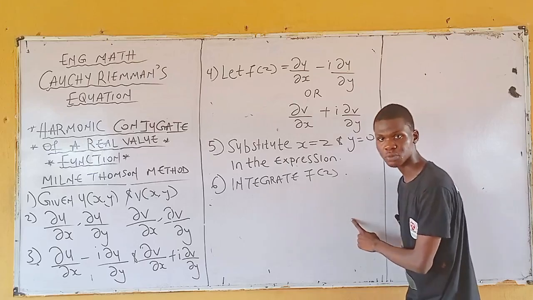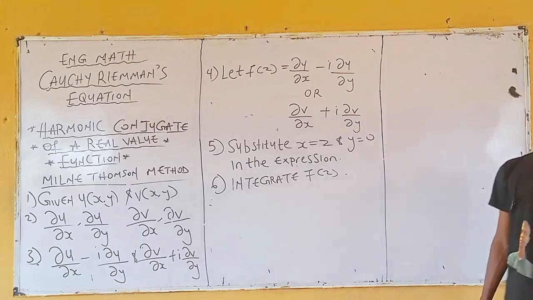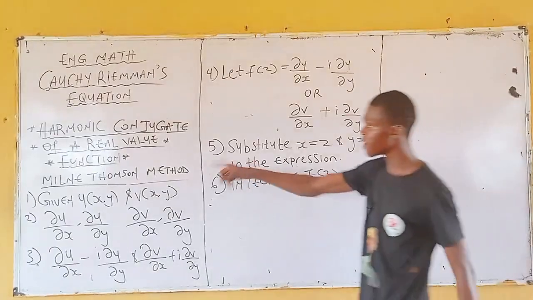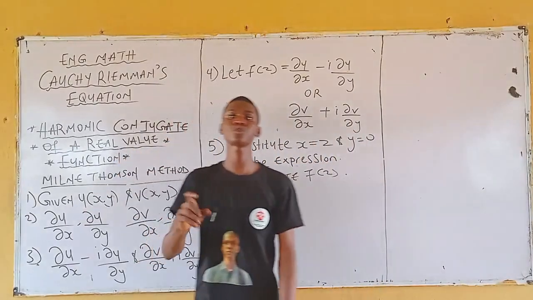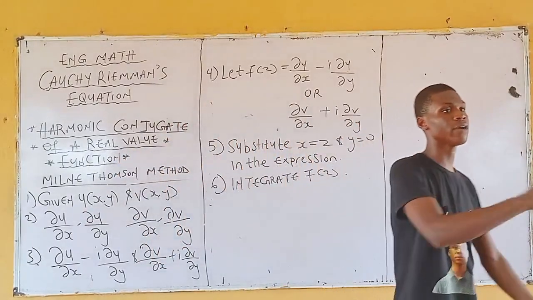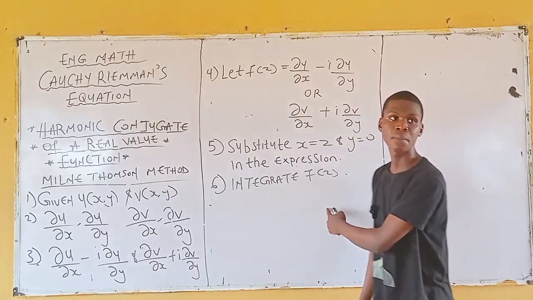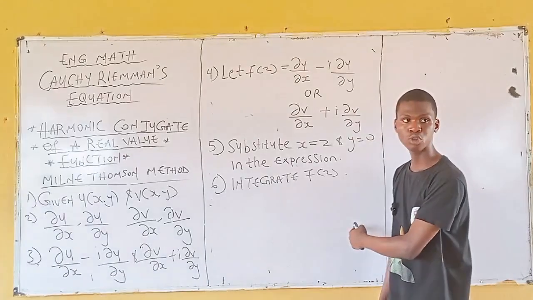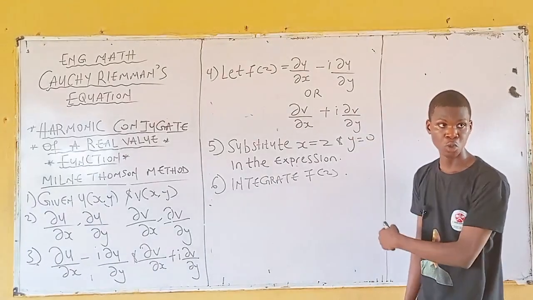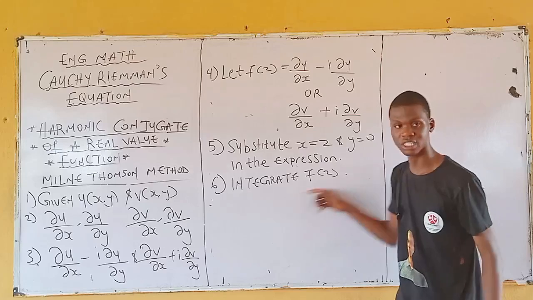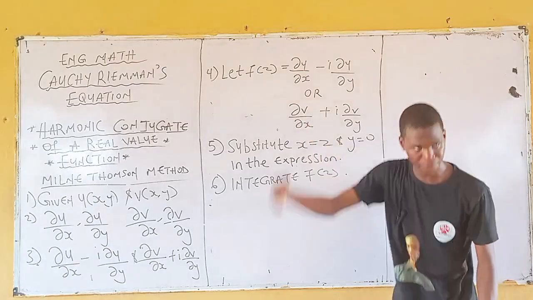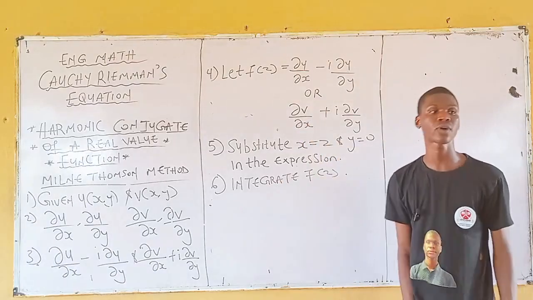Your result becomes the analytic function. Can you see what I said? This method helps you to find f of z directly. Up to step 6, integrate f of z. Meaning that your function, which is the result of this integration, is the analytic function you are asked to find.